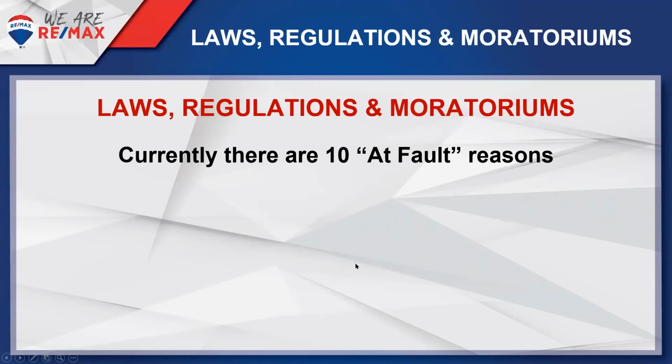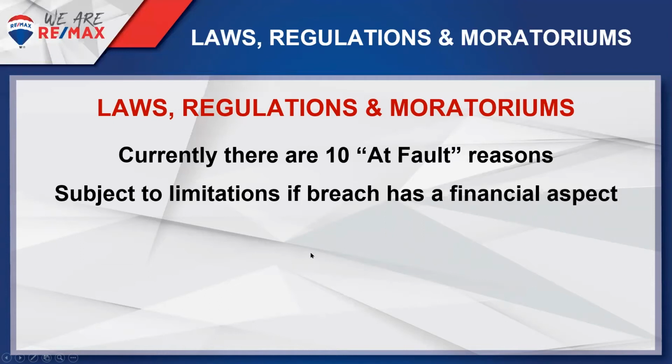So before all these COVID laws, if a tenant didn't pay you, you could give them a 3-day notice to pay or quit, and then file an unlawful detainer action, and not only get them out of the property, but collect your money. They took away the non-payment of rent option. They left the other at-fault reasons to evict intact, but there are some limitations.